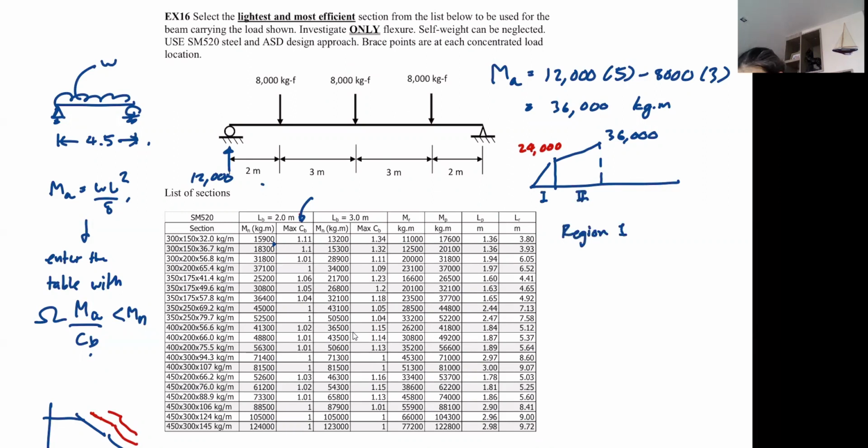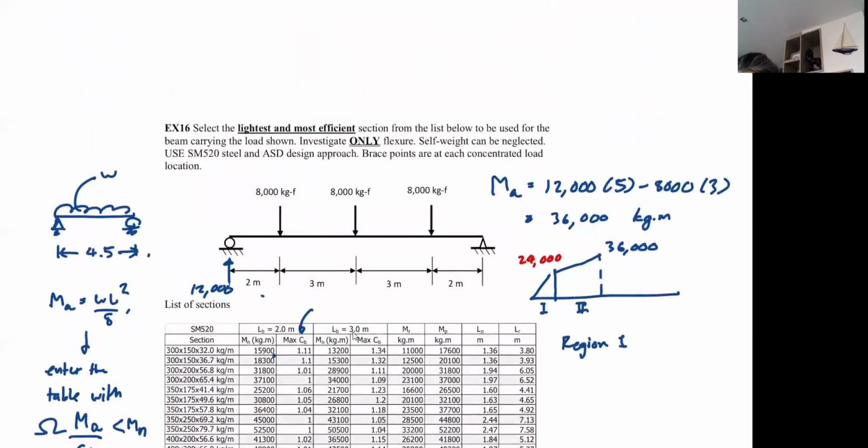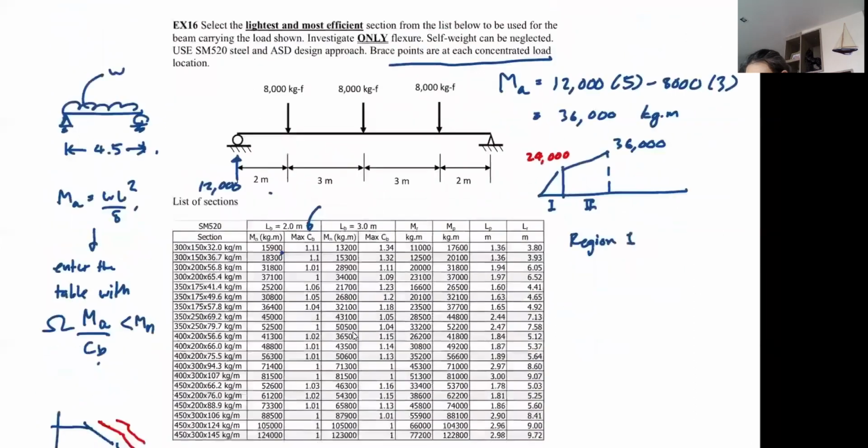Now that I know, let's say this point load will become my brace point as well, somewhat. If it's not, it's going to be a different story. But let's say I try to look for the root of this. Brace points are at each concentrated load location.